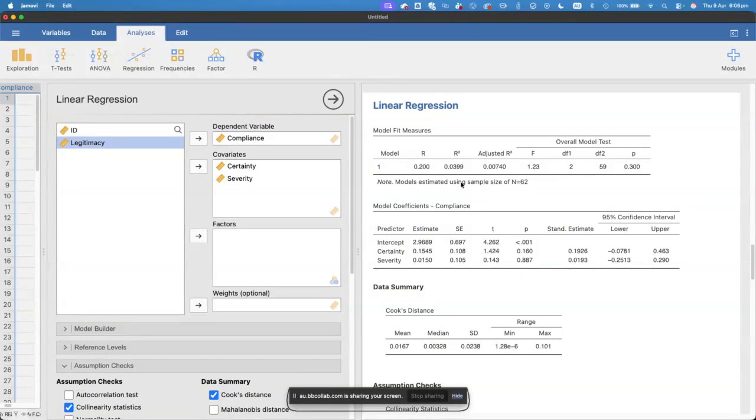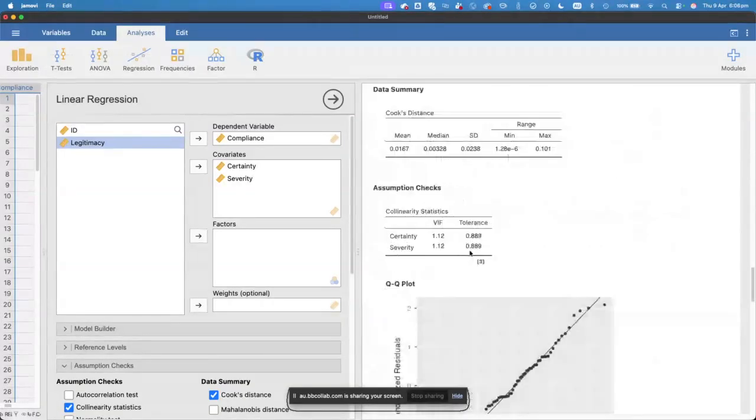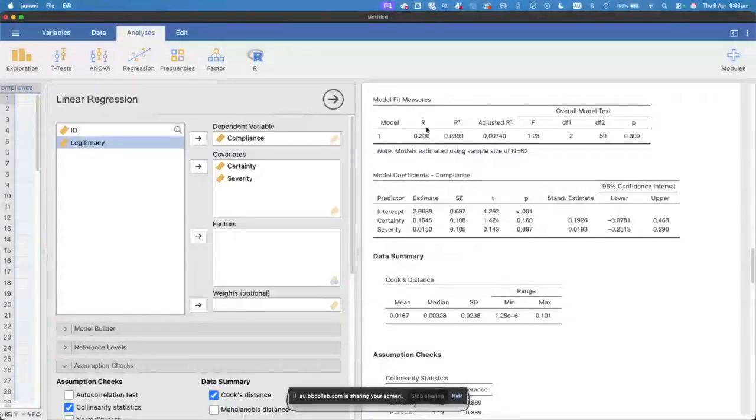So we have little r, which is used when you have two variables. Yeah, you're right, Luella. So you have little r when you have two variables, and it's looking at the correlation between the two, like we see here, Pearson's r. Capital R is the correlation between variables accounting for covariance, so it's used in regression models. R squared is the amount of variance in the dependent variable accounted for by our model.